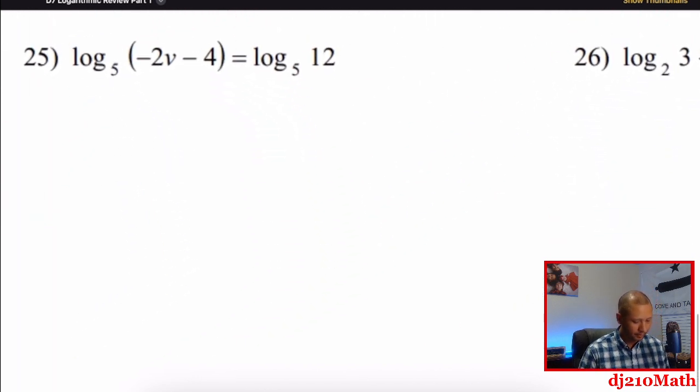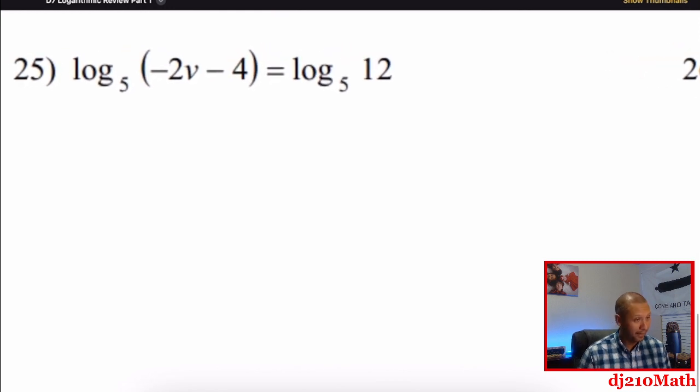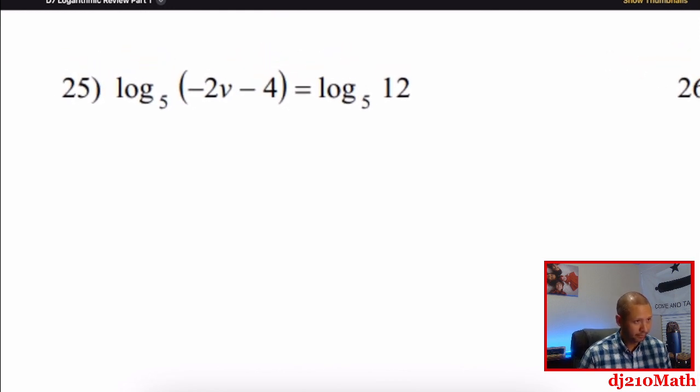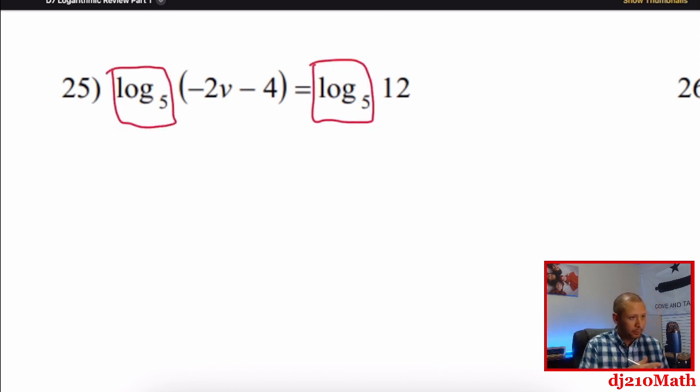Okay, log base 5 of negative 2v minus 4 is equal to log base 5 of 12. So here, this is ideal. The log base 5, right, because these parts match, log base whatever, that's ideal. There's nothing else we have to do. I really don't care about these anymore.